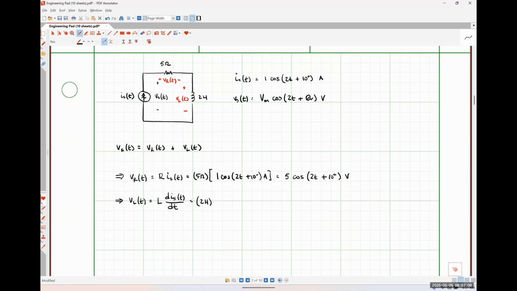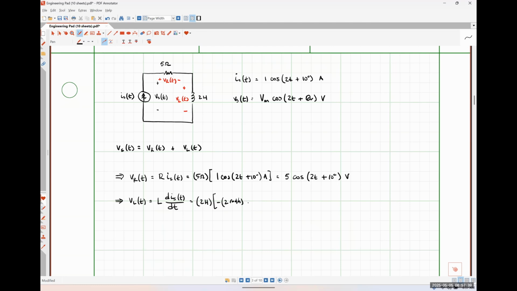So what's the derivative of cosine? Negative sine, right? So I'm going to have negative 2 because I'm doing the chain rule. I'm pulling the 2 out because I'm using the chain rule. So that's going to be 2, and that's going to have units, for what it's worth, of radians per second.